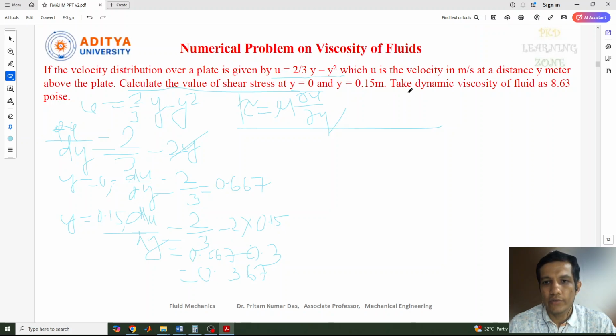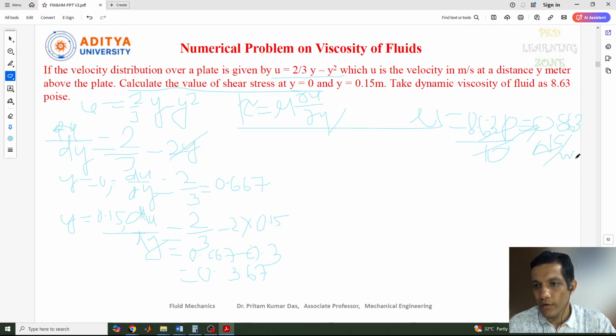Now we need to find the value of tau, the shear stress. In this question, the dynamic viscosity is given as 8.63 poise, so mu equal to 8.63 poise. We can write this in terms of Newton second per meter square by dividing by 10, so we get 0.863 Newton second per meter square. Now let's find the values.